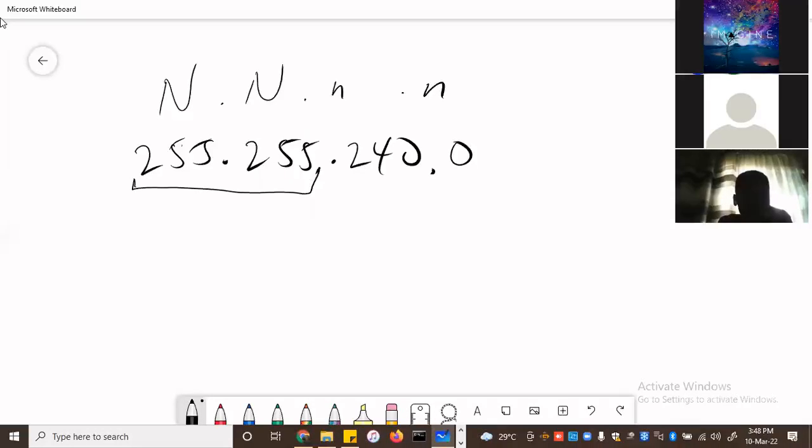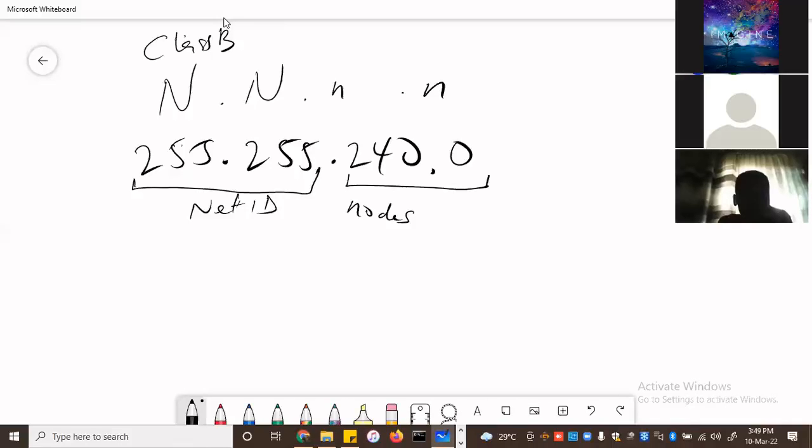Okay, good. You can see that. Because you have these two maxed out with 255, it tells you that's a class B IP subnet. This is your network ID, and this is your nodes, where you can actually assign IP addresses.